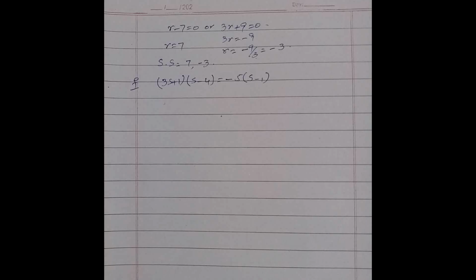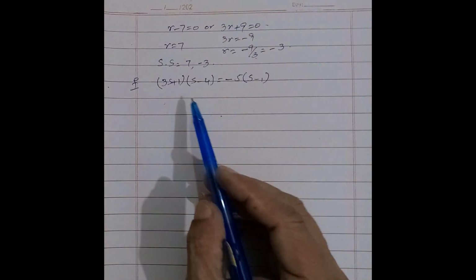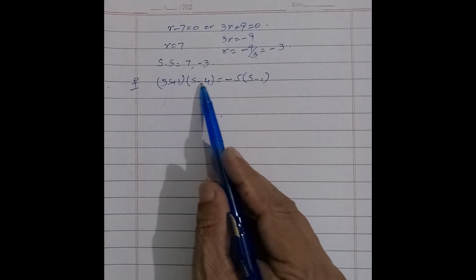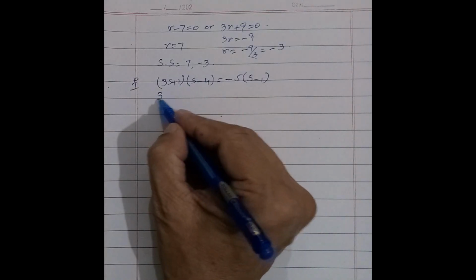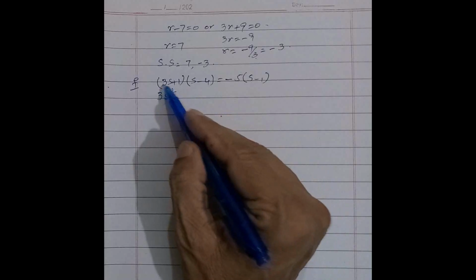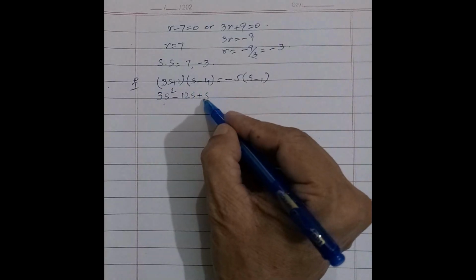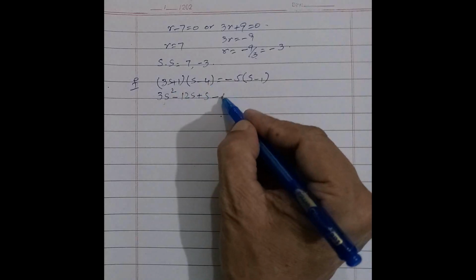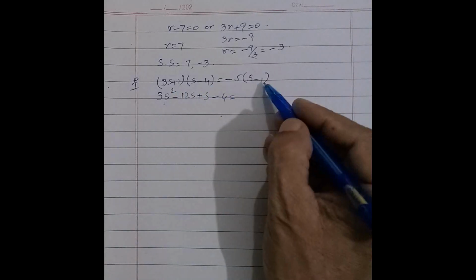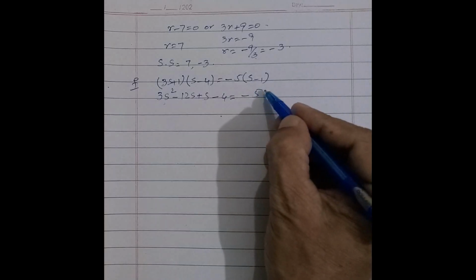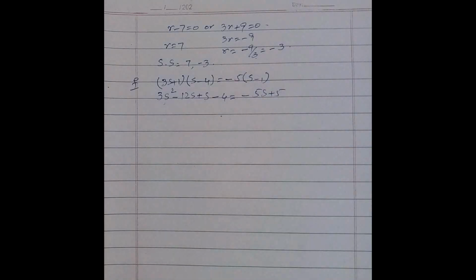So first we simplify the equation to find the standard quadratic equation, and for that we multiply these two values, 3s plus 1 multiplied by s minus 4, we get 3s square minus 3 4s are 12s plus 1 multiplied by s is s plus 1 multiplied by 4 is minus 4 is equal to, we multiply minus 5 with s minus 1, we get minus 5s plus 5.